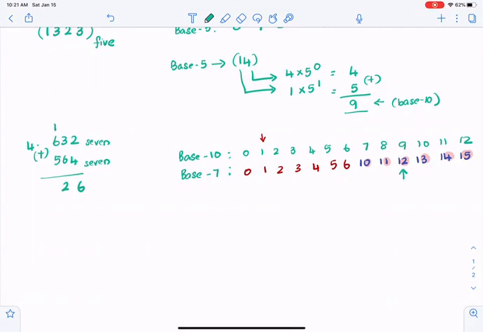I end up having 12. 12 in base 10 corresponds to 15 in base 7. So that would be 15. So when I add 632 in base 7 and 564 in base 7, the answer is 1526 in base 7.